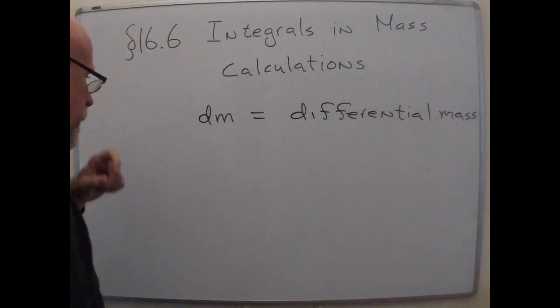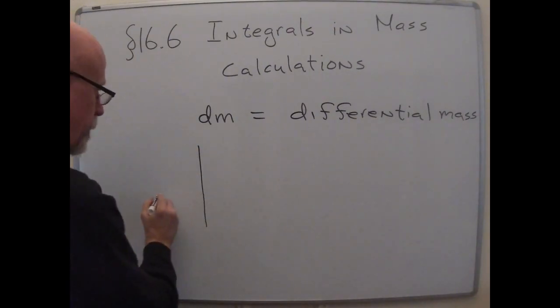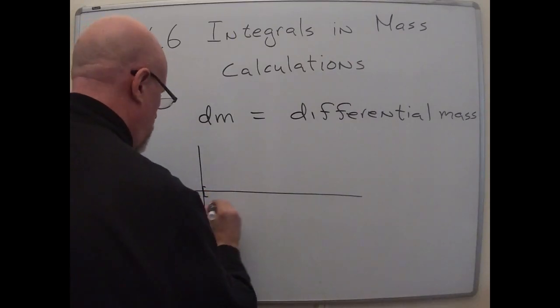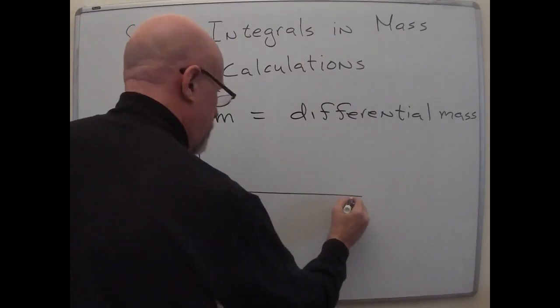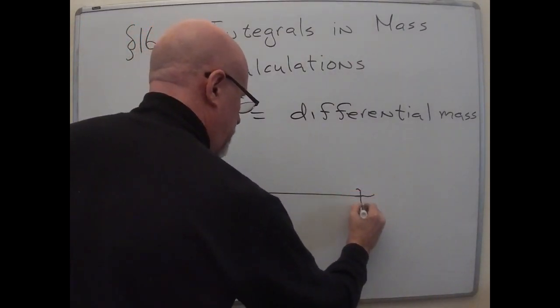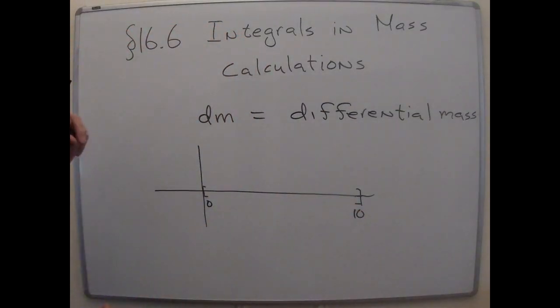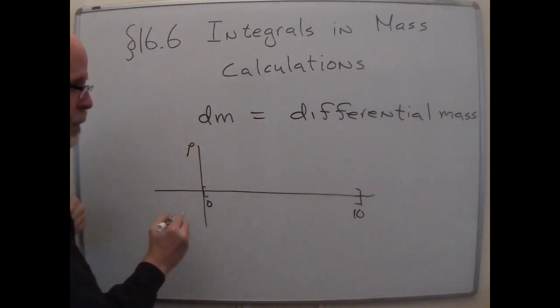And if I'm thinking about a setup where I've got a linear object, let's say it goes from 0 to, I don't know, 10. It's got a density that we can plot.